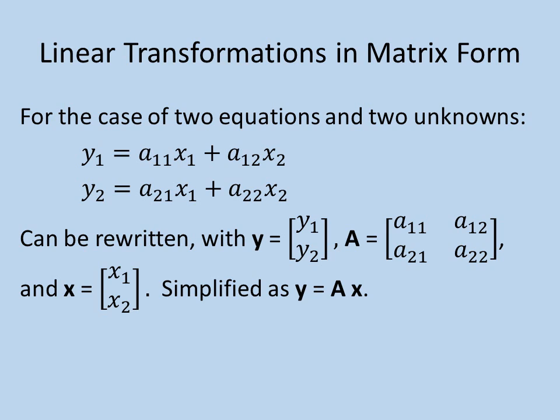And we also have the x variable, x1 and x2, and we can write this system of equations as the column vector y is equal to the matrix A times the column vector x. So we need to recognize that a system of two equations with two unknowns can be written in matrix and column form as shown, that y is equal to A times x.